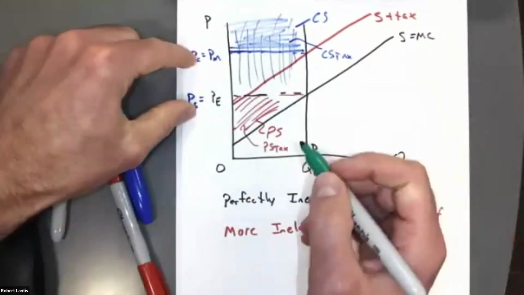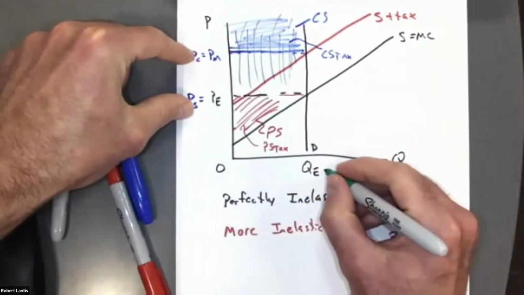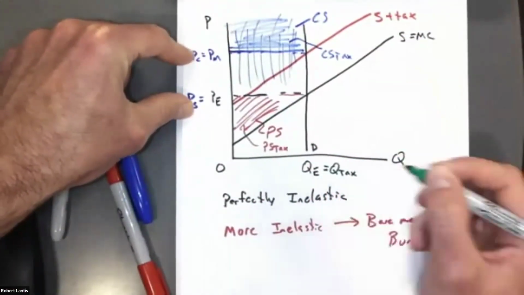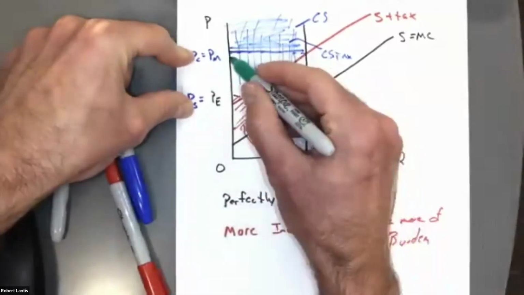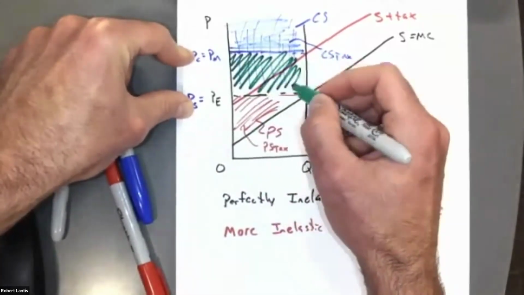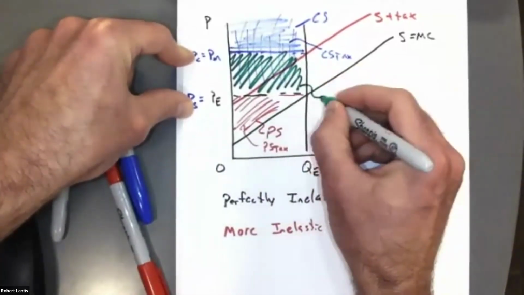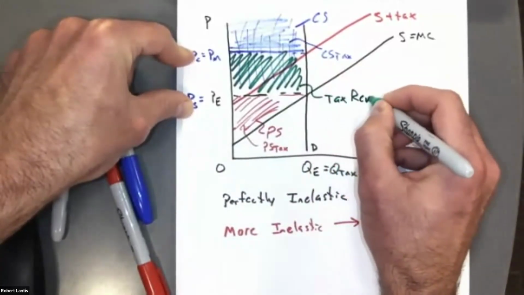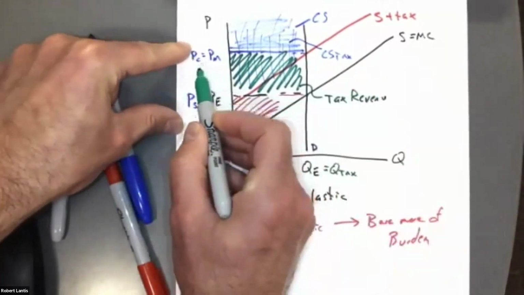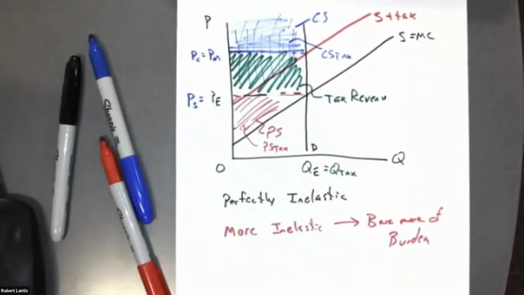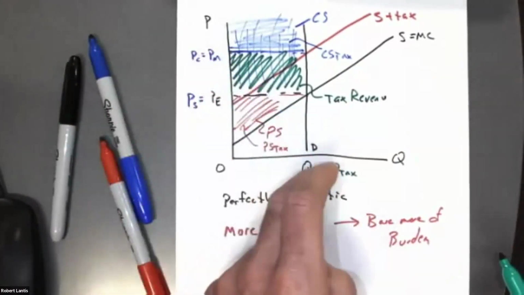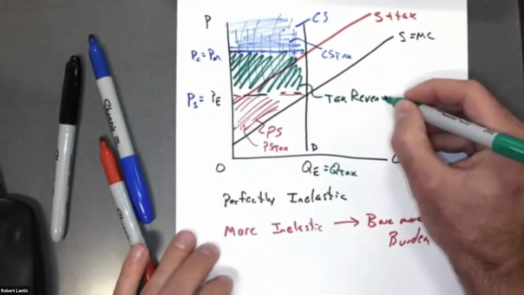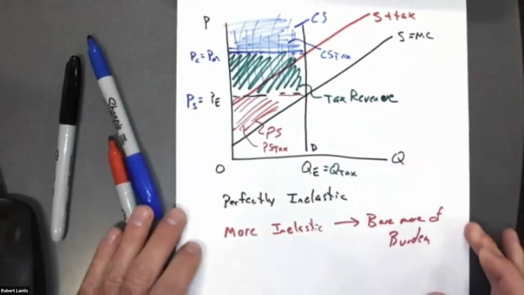What did that become? Well, it's the new quantity after the tax, which doesn't change because consumers were perfectly inelastic. All of this area would represent a loss of consumer surplus that went to the government. What's the difference between the price the seller keeps and the consumer pays? The value of the tax times the quantity after the tax. That would be tax revenue.